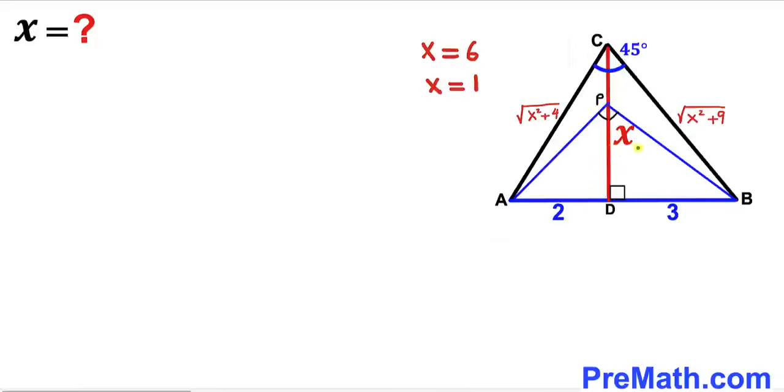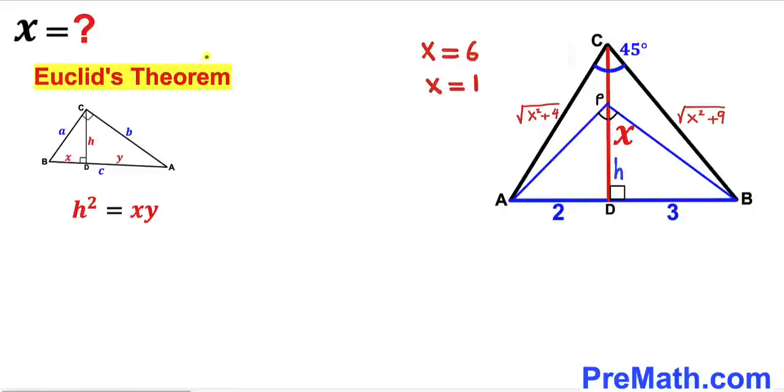So therefore we are going to construct this right triangle APB. In other words, this angle is our 90-degree angle. And I'm going to label this height PD as lowercase h. And now let's recall the Euclid's theorem. For this given triangle, our height, this perpendicular PD, is lowercase h, whereas these two segments are x and y.